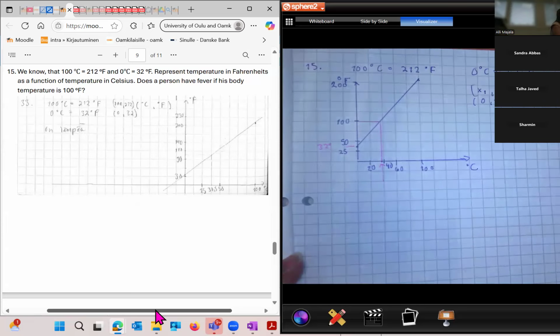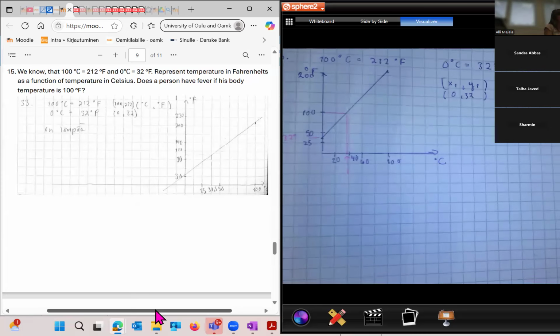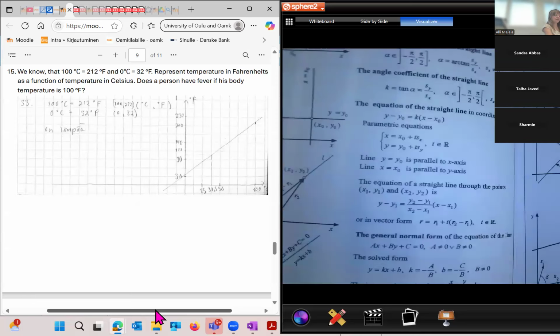Yes? So then we would have the x2, y2, and these would be the 100 and 212. And then we had the equation from the technical formulas that we looked at the last time. Give us this one here.